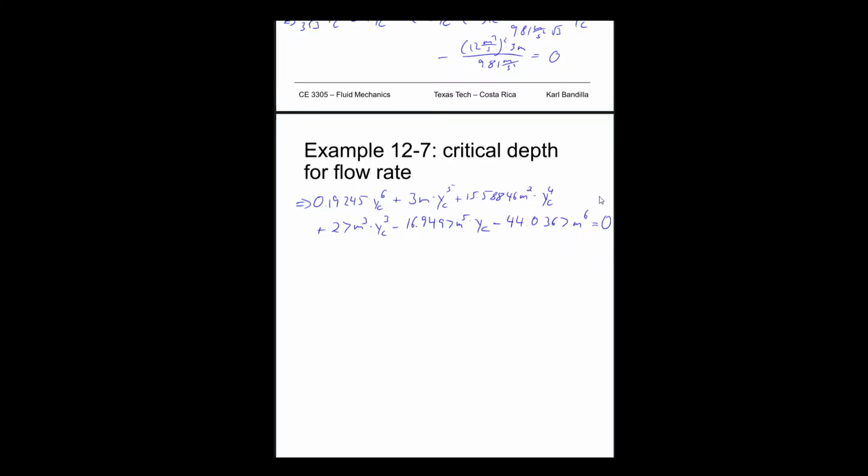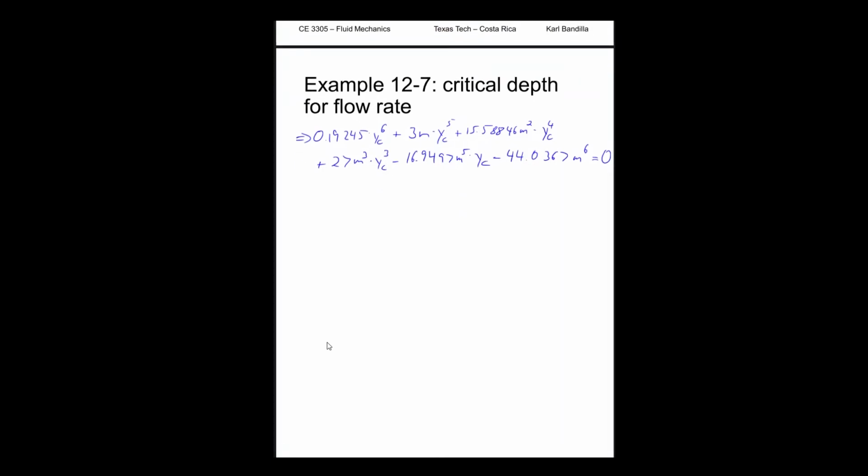Very good. So we can plug that into any kind of a calculator, or again, I like to use Python. When we do that, we'll see that, of course, we get 6 solutions because it's a 6th-order polynomial. But all except one of the solutions are complex, so that doesn't work for us.